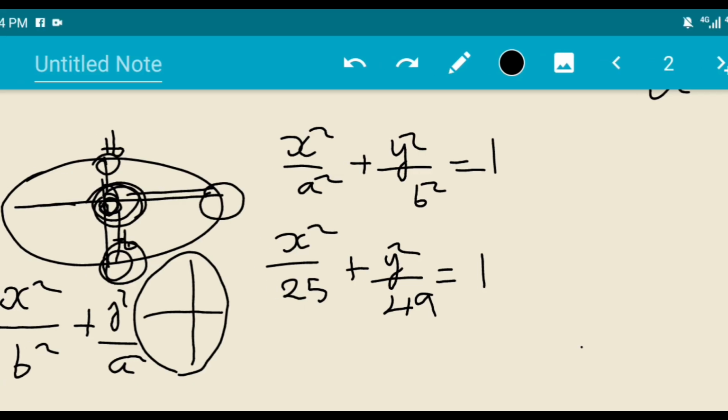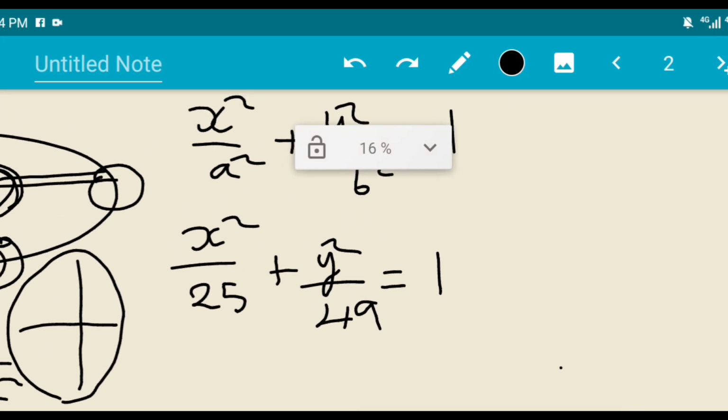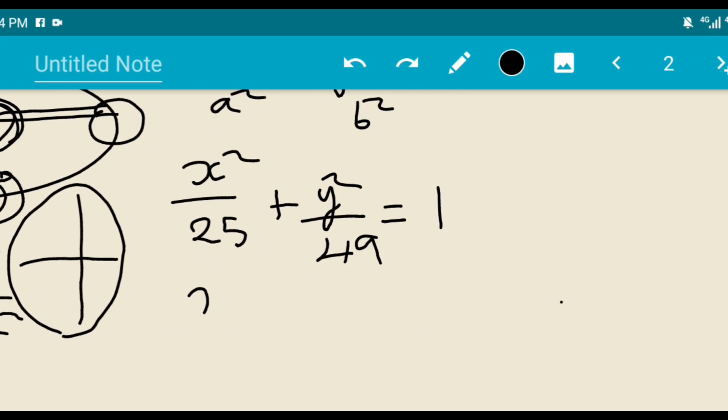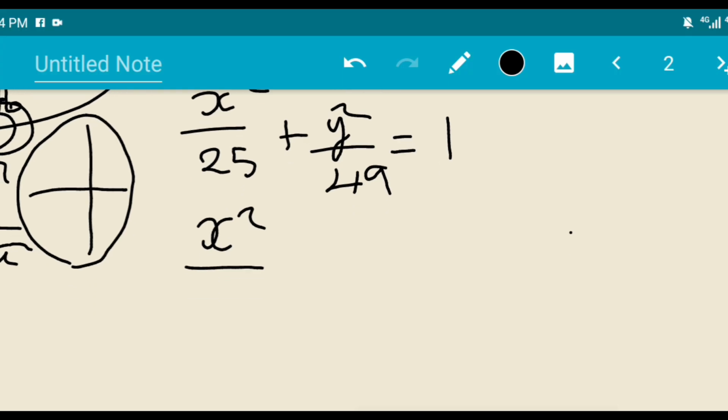So it is actually a squared in our equation, and then this here is also b squared, but this here is 25 and this here is 49. So what we can now do here is this. Let's simplify this in a way that if we square it, it is going to give us 25.